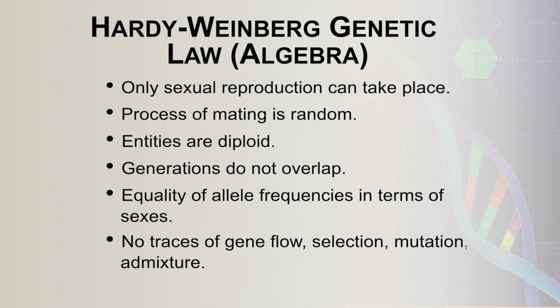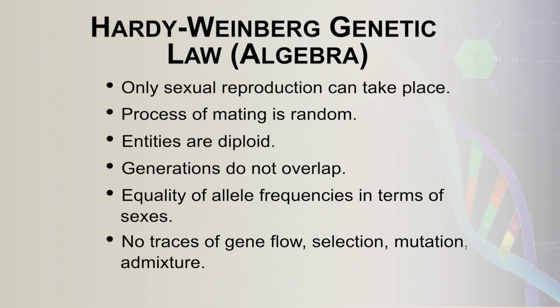There are some hypotheses. On the basis of these hypotheses, we select the second number. The process of mating is random, entities are diploid, generations do not overlap, and there is equality of allele frequencies in terms of sexes. These are the hypotheses. It means a clear and confident understanding of biology.